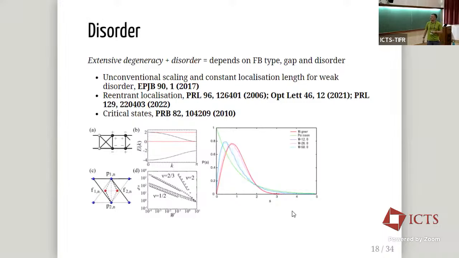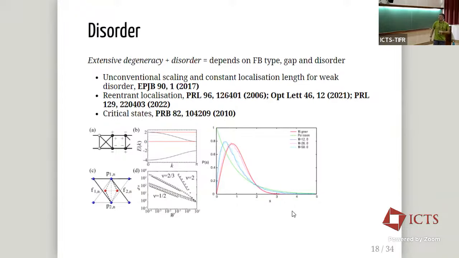It turns out that it depends on whether the flatband is gapped, or touching a dispersive band, or even crosses the dispersive band. Depending on that, the weak-disorder scaling of the localization length is different. You can observe interesting reentrant localization where, by taking a flatband and adding disorder, you basically delocalize your system, which then localizes again once disorder becomes stronger.